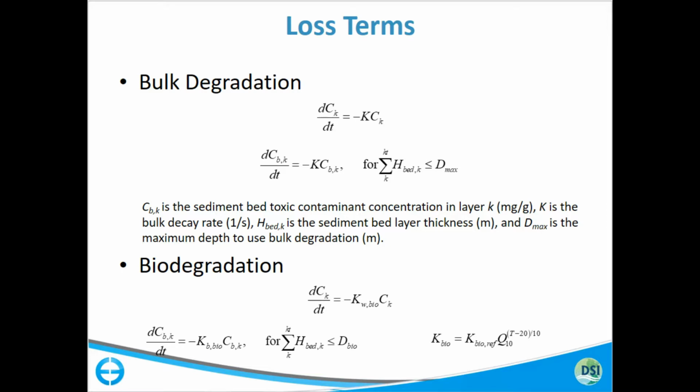The original EFDC layer scheme numbers from 1 at the bottom to KB at the top. So your sediment is distributed somewhere between 1 and KB or less, but the numbering scheme goes from 1 to the top. And then Sedzel-J, that's reversed.